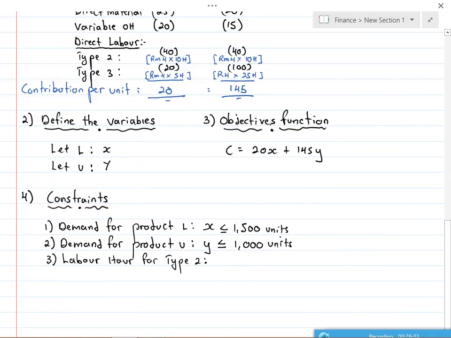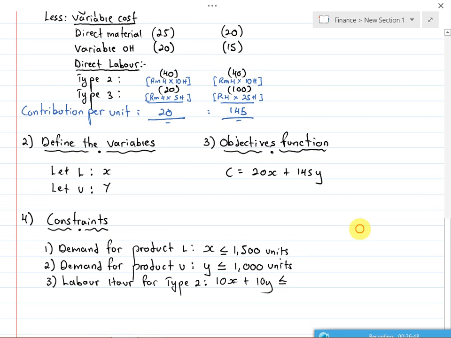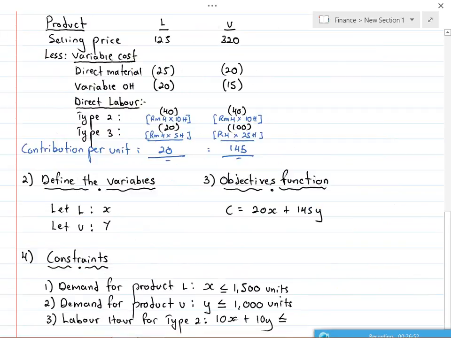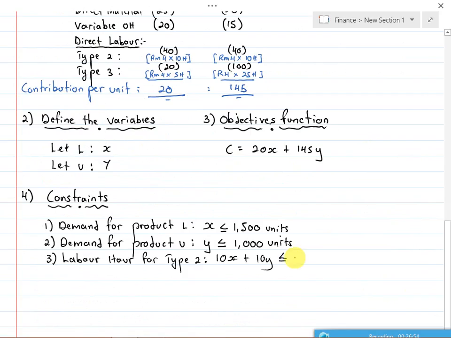How are you going to put it in? 10x plus 10y less than or equal to what? 20,000 for type 2.